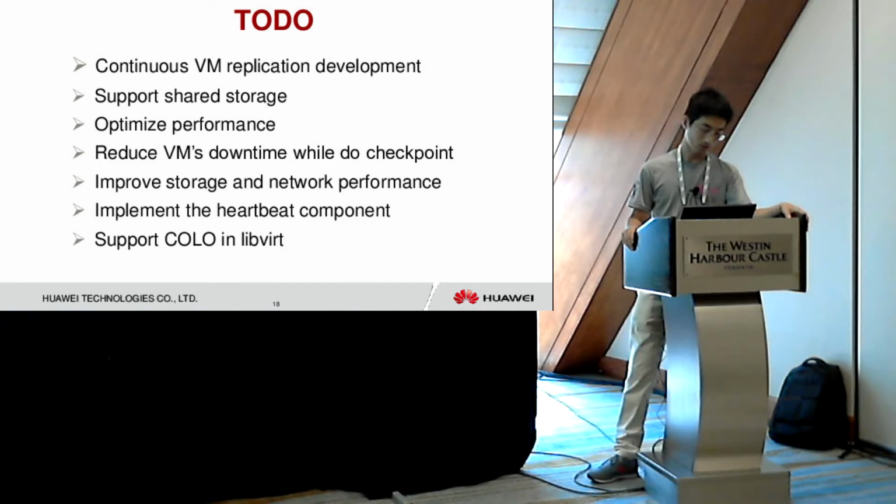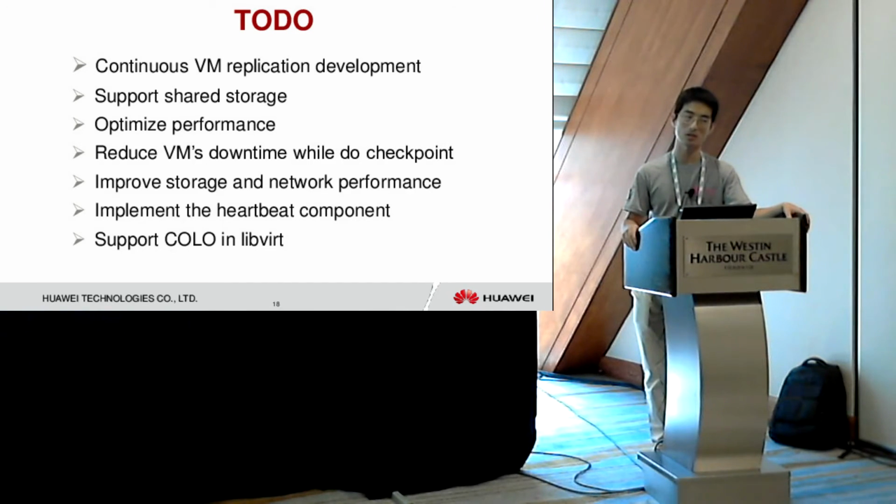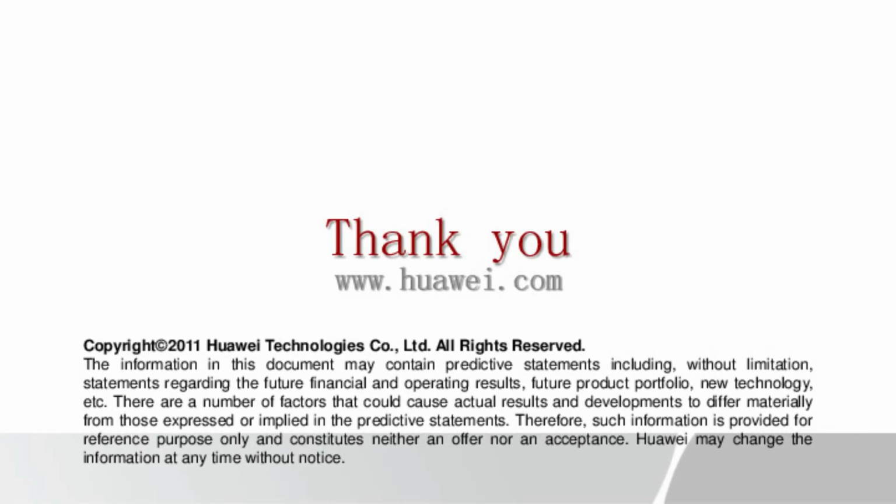And what's more important is we need to optimize the performance, because after we switch to the user space COLO proxy scheme, I think the performance will be degraded. So we need to do that. So that's all. Any questions?